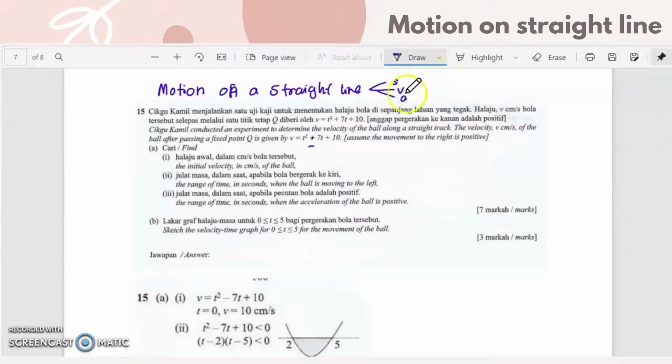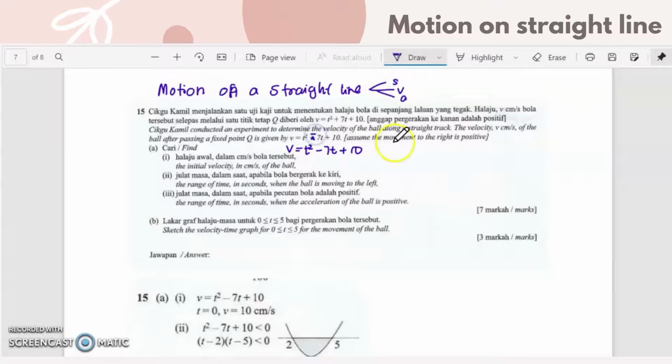Okay, so question 15. Cikgu Kamil conducted an experiment to determine the velocity of a ball along a straight track. The velocity of the ball after passing a fixed point Q is given by v equal to t square minus 7t plus 10. Okay, so we have a correction here.